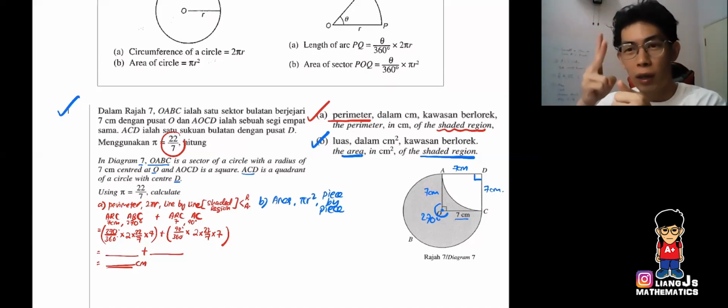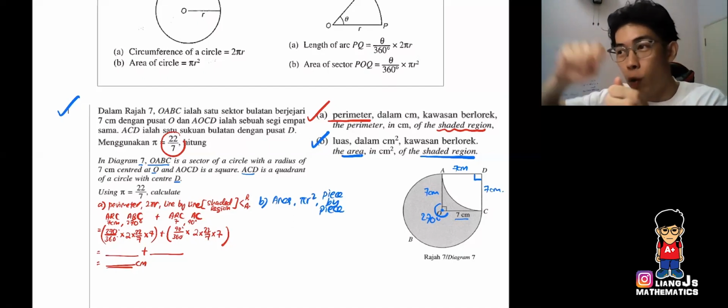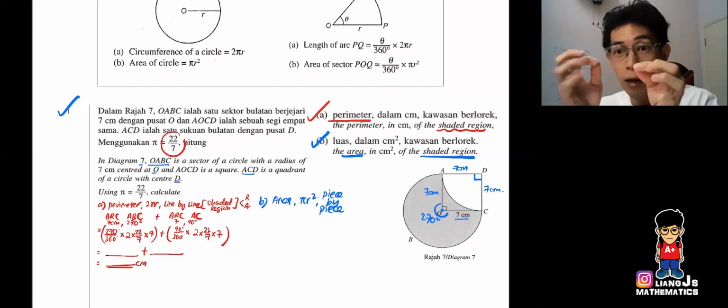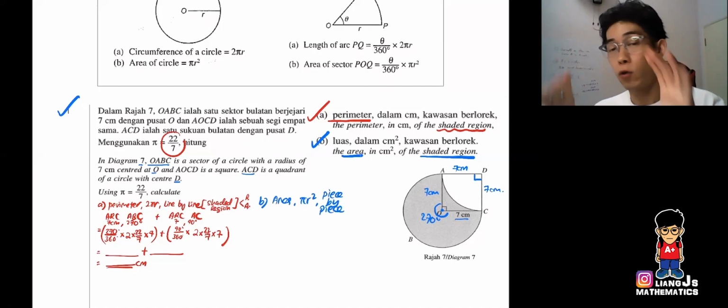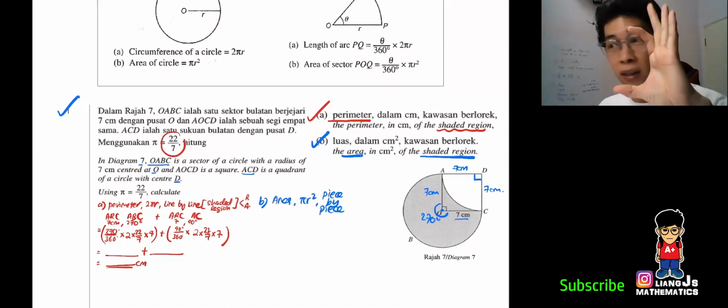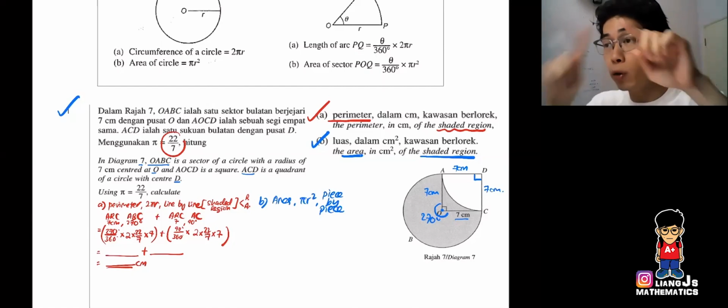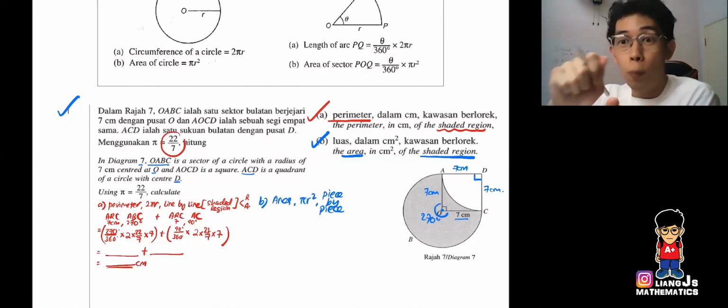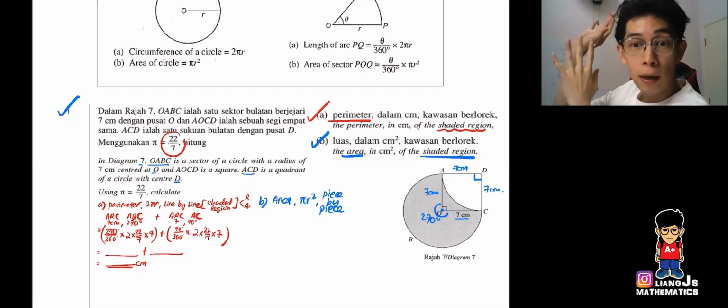You take scissors, cut off and throw away the part you don't want, and retain that part. It's the same meaning. We cut off things that we don't want, because when you do area, you do the whole surface.